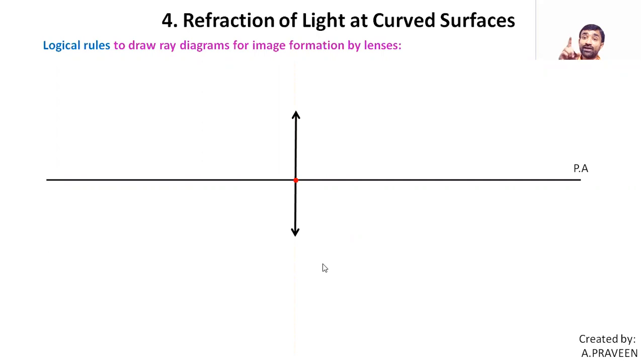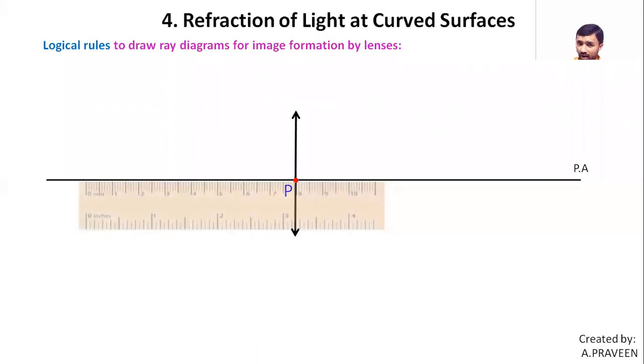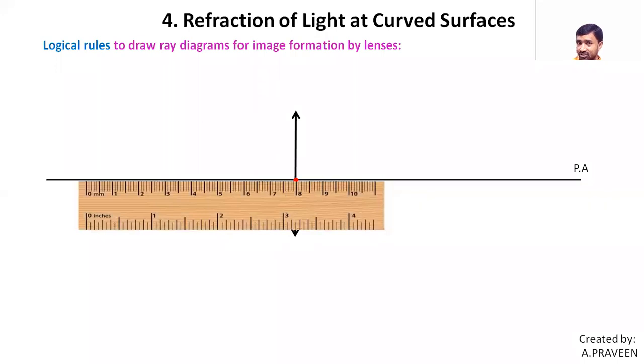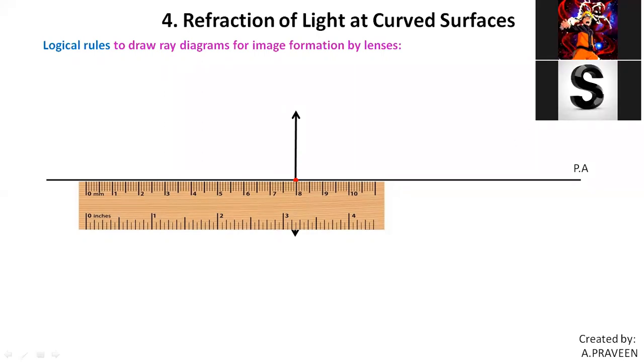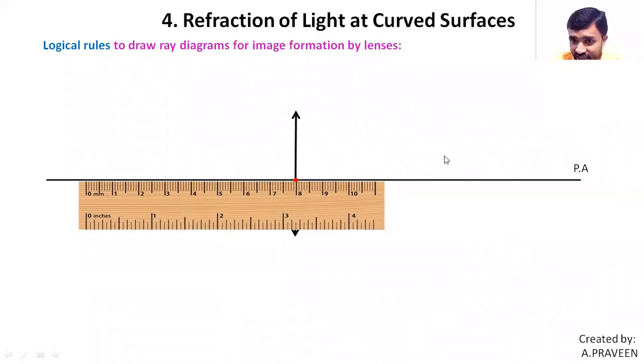Then for identifying the focus and centers of curvature on either side of the lens, I am following one logic using the scale like this, right? I used an 8 centimeter distance on the left side of the lens. Have you seen the gap clearly? How much am I taking, right? I took exactly 8 centimeters, dividing that equally, 4 centimeters, 4 centimeters. So at 4 centimeters, I will identify a point, right?